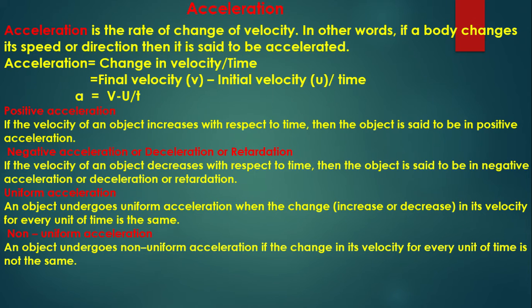Uniform acceleration: an object undergoes uniform acceleration when the change in its velocity for every unit of time is the same. Non-uniform acceleration: an object undergoes non-uniform acceleration if the change in its velocity for every unit of time is not the same.